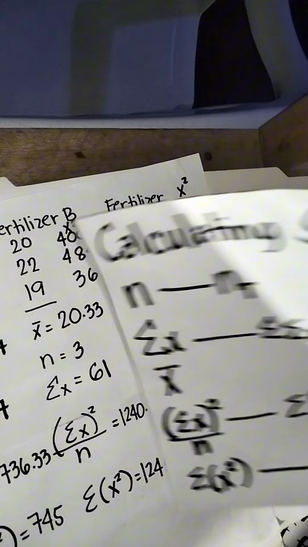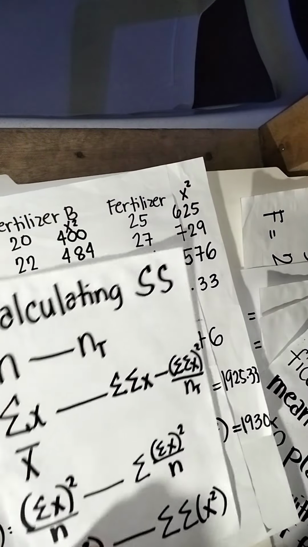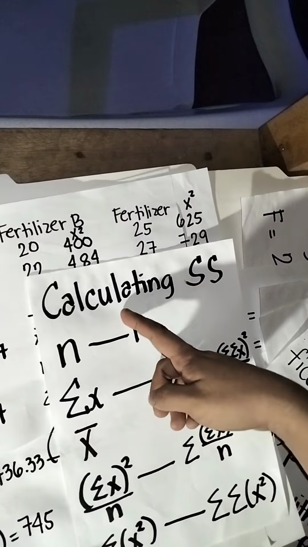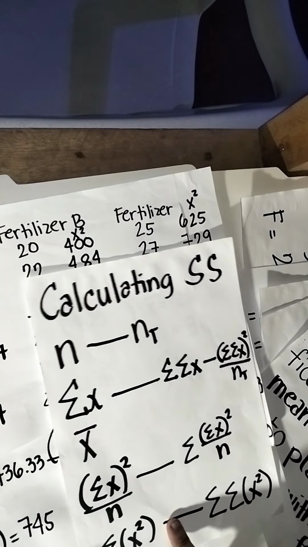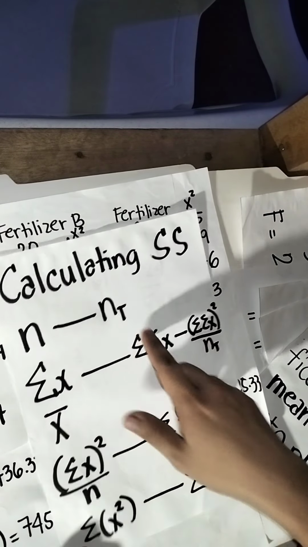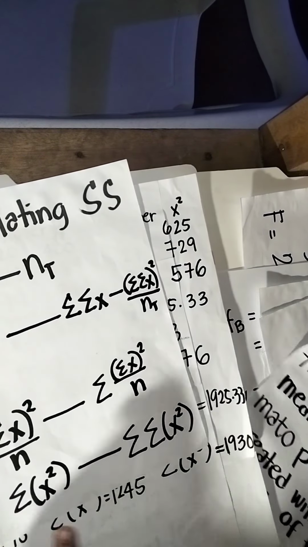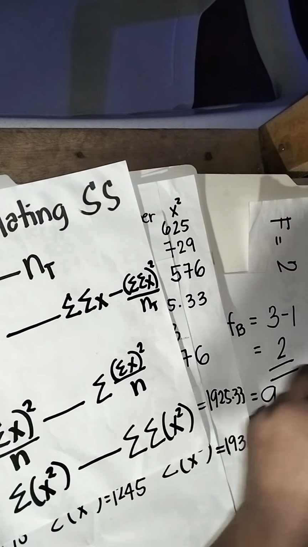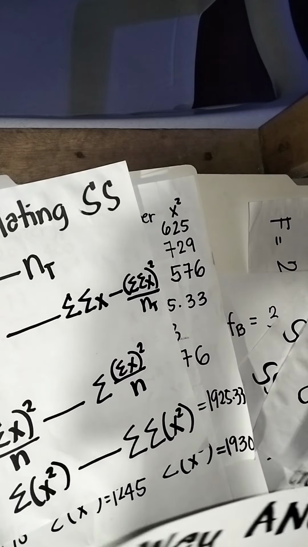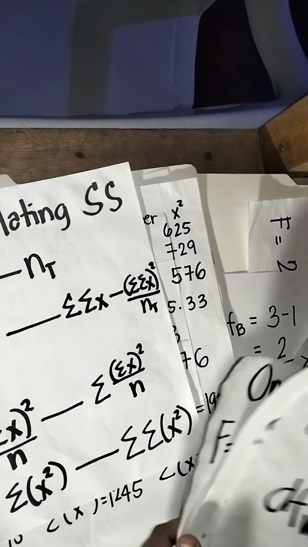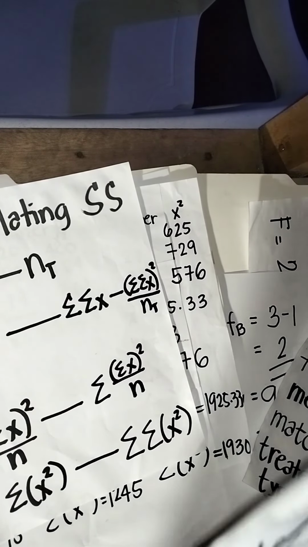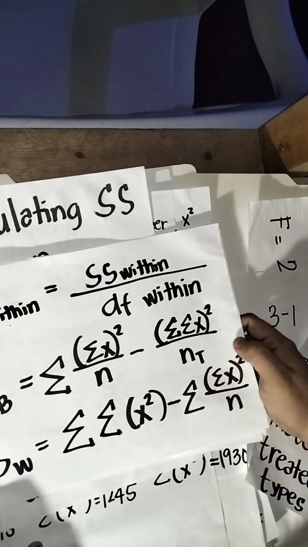So now, we are done with our data set. This is the primary data so that we will be able to get this, and this, and this, which is very important in getting this.